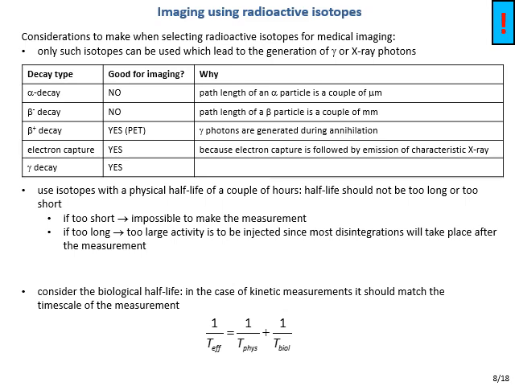So if you are looking at a process which takes place on the hour scale, and the biological half-life of the isotope is a couple of minutes, then you simply cannot look at the process you're interested in, because during the most interesting part, when the process happens, the radioactive isotope has already left the body by biological decay.